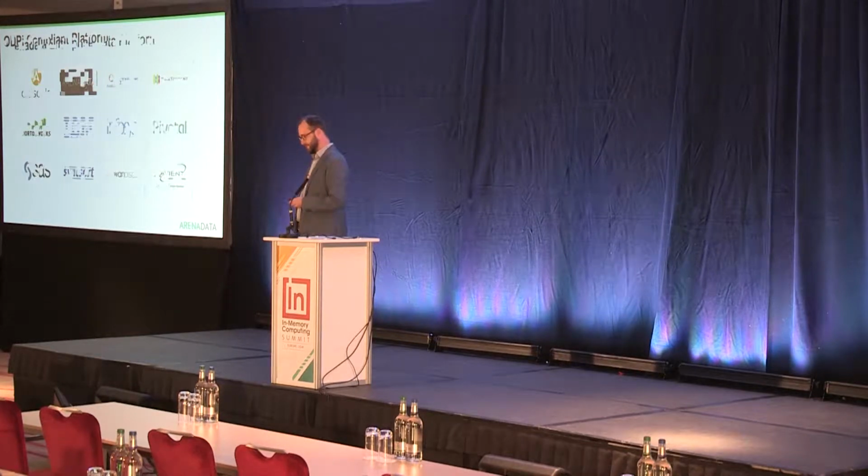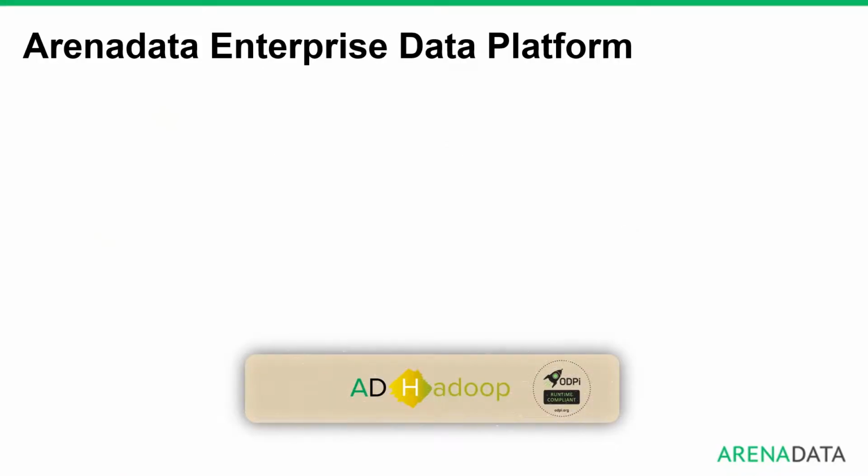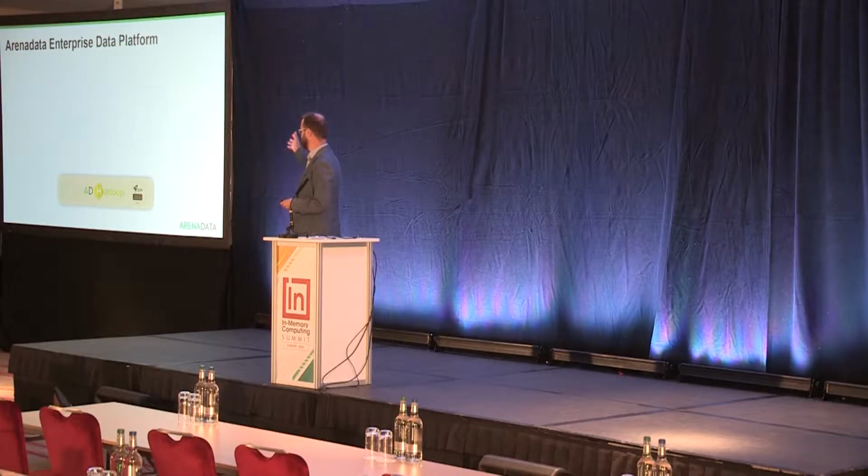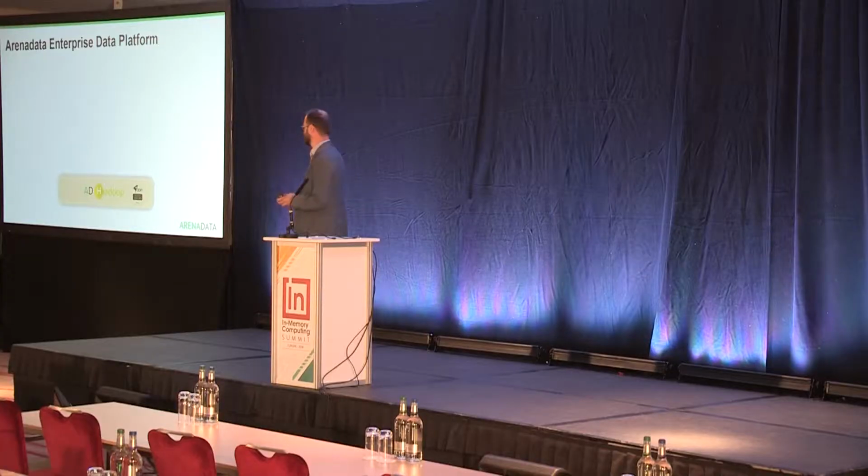So the first product which was released in 2016 was the Hadoop distribution. And you can see here the logo of ODPi compliant. That means this distribution works similarly to HDP, so it's still working together with the SAS platform and other RDBMS runtime specification compliant platforms and solutions.